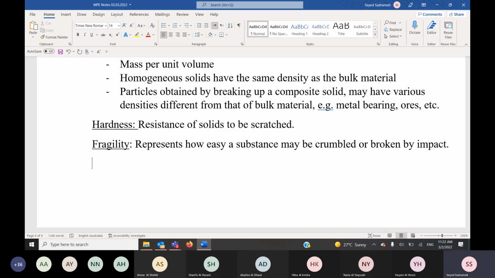Have you used detergent powder for washing? Are they fragile or hard?